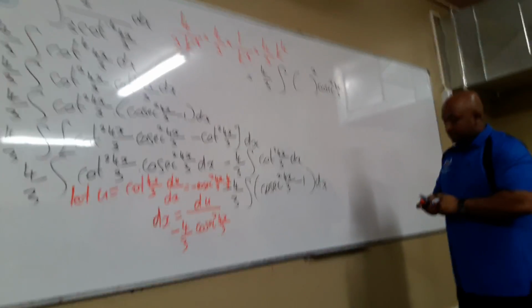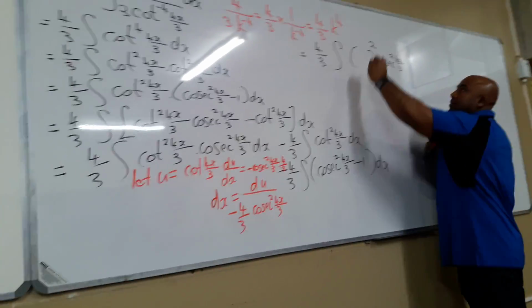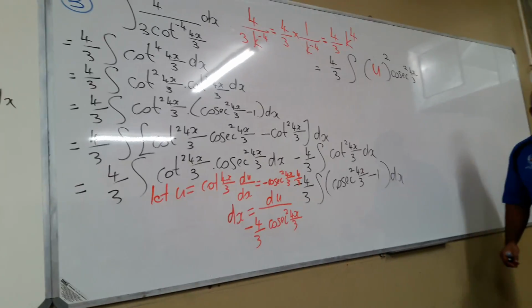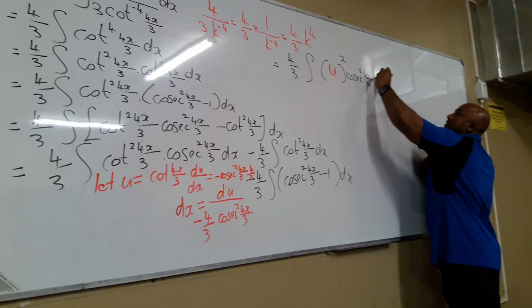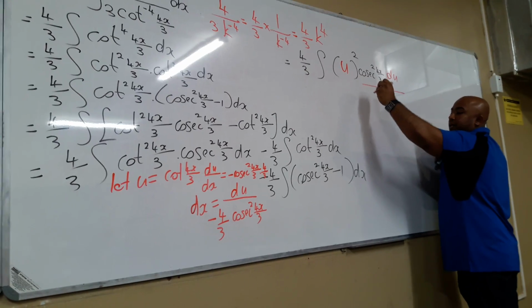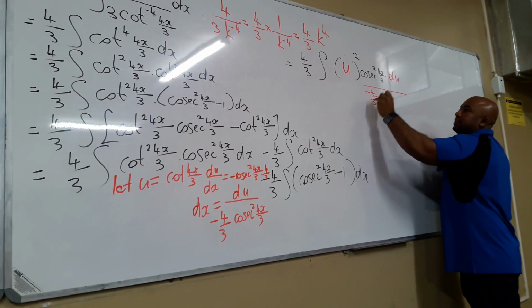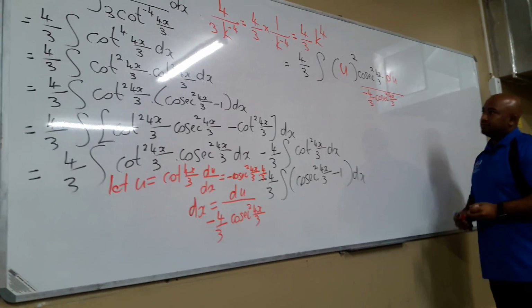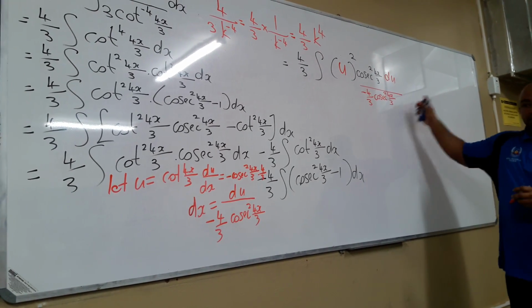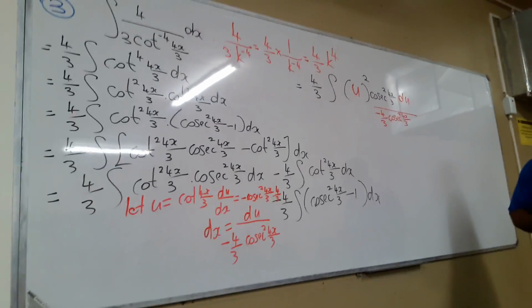Right, so all I'm doing is replacing cot with u then. Okay. Replacing dx with du all divided by minus 4 over 3 cosec squared 4x over 3. Right, let's finish this one first and then we'll deal with this one here.